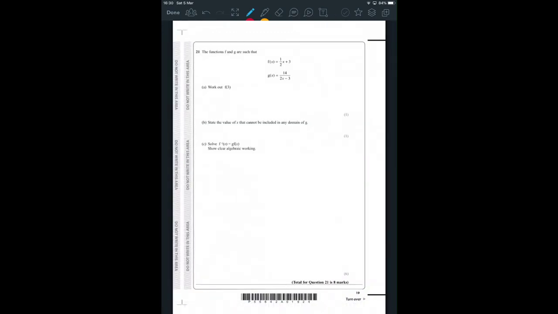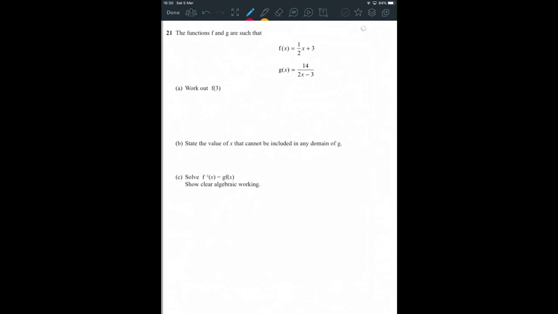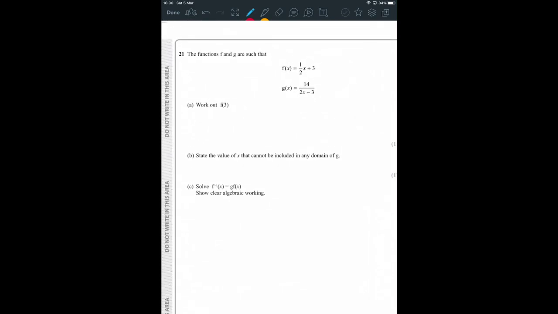Question 21. We have functions, f and g. We want to work out f of 3 to start with. Well, f of 3 is just sub 3 into f. F is a half x, which is now 3, plus 3, so that gives an answer of 4.5. State the value of x which cannot be included in any domain of G. So it's asking what value of x am I not allowed to use?